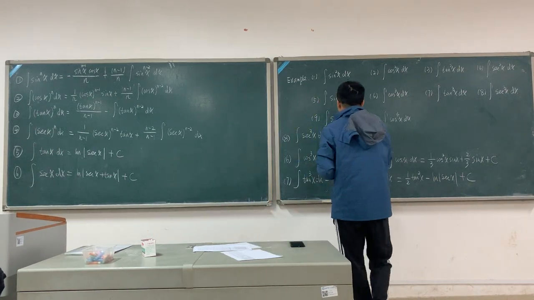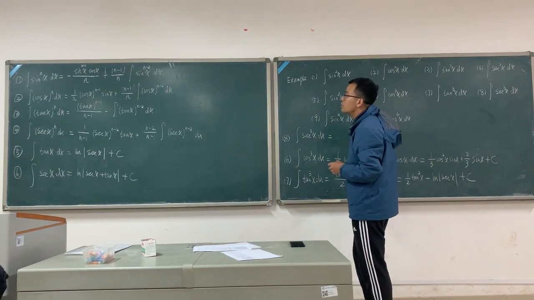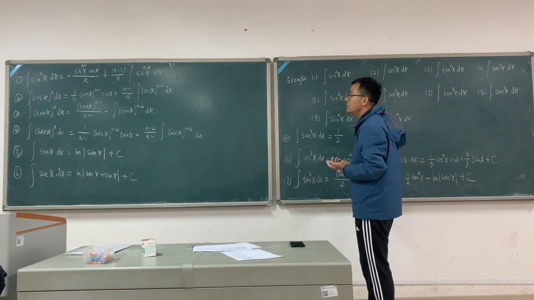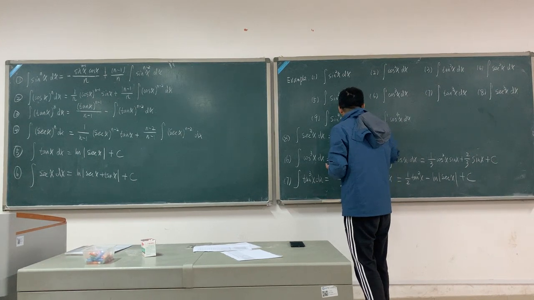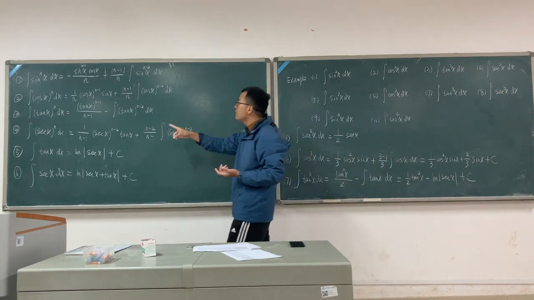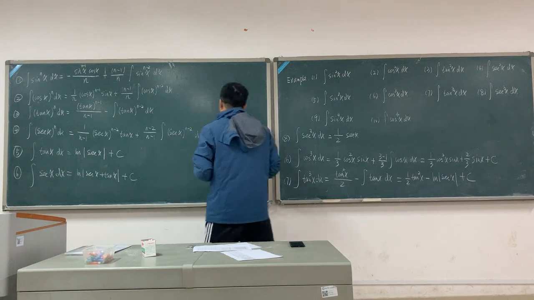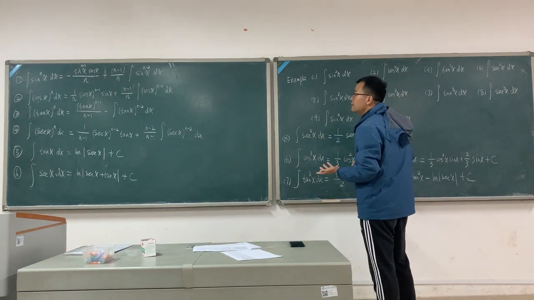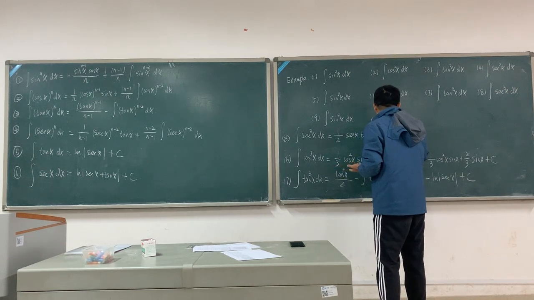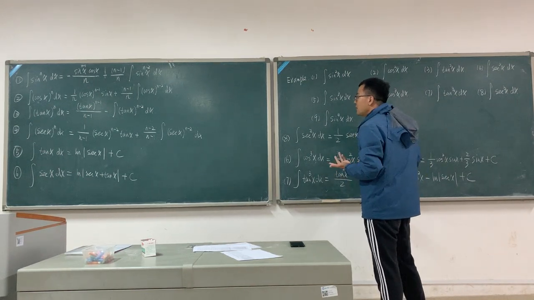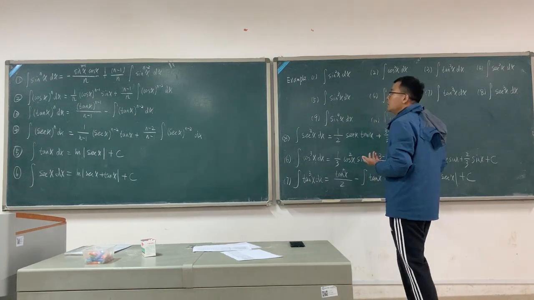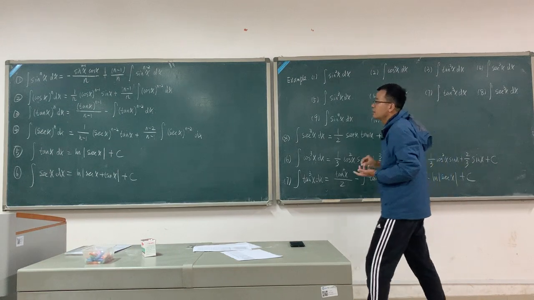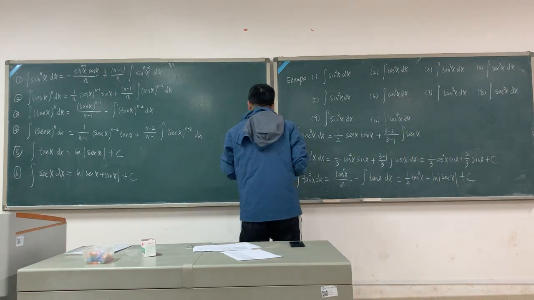So it equals 1 by 3 minus 1, so 1 by 2, times secant x to the 3 minus 2 power, so the 1 power, times tangent x, plus 3 minus 2 by 3 minus 1 times the antiderivative of secant x to the 3 minus 2 power, so the 1 power dx.